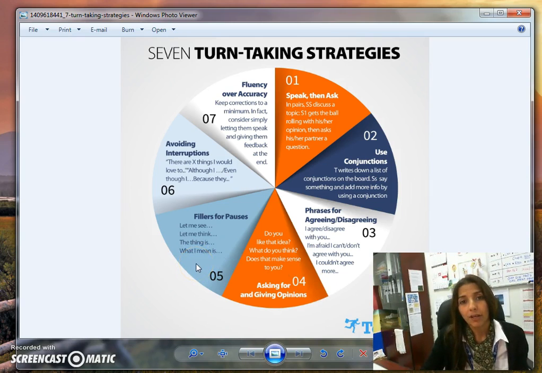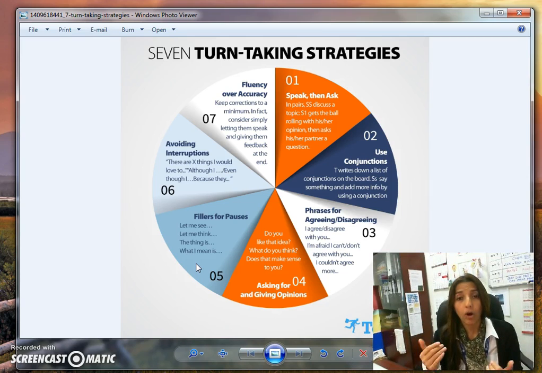The number 5 is fillers or pauses. This is like taking a break. Of course, you can't go on non-stop or continuously. You need to have a pause. And this is a very useful strategy in a discussion or in speaking, where you take time off from speaking and you give a pause, a conscious, useful, meaningful pause, which means you're trying to let others absorb what you've just said, or you're trying to think of an example with what you have just said, or maybe you're trying to connect what you have said with what somebody else has said.